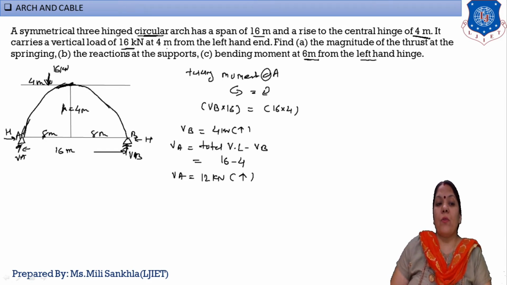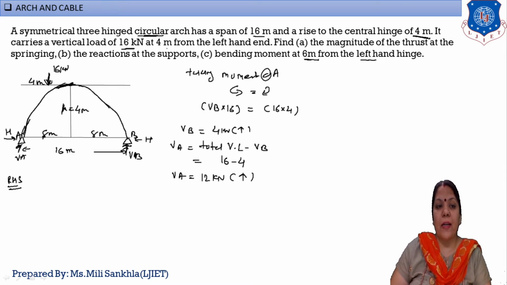Now we find out H. If we find it from the right hand side, here no load is given, so we will not deduct this load. So it is good to find out from the right hand side.